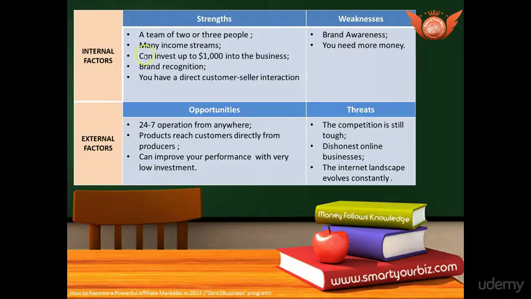And then many income streams. After 1 or 2 years, you have some experience and your knowledge of the online business helps you to diversify your revenue streams. Of course, if you work hard enough to reach that level. And those multiple income streams can help you to invest up to $1,000 into your business development. Even more, why not?